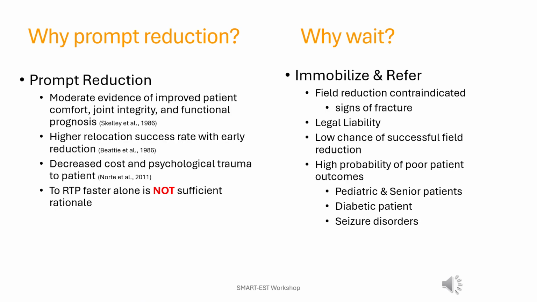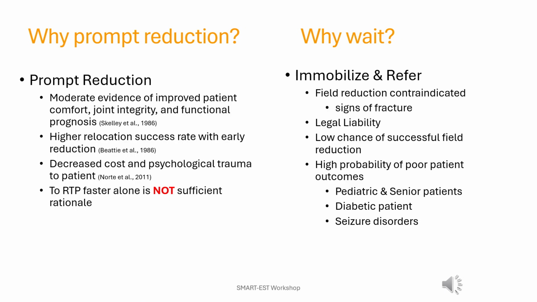You would want to wait if you think there's a low chance of a successful field reduction. You don't have the proper equipment or support there, or maybe you have a highly agitated and excited athlete. You may want to just immobilize and refer that injury.